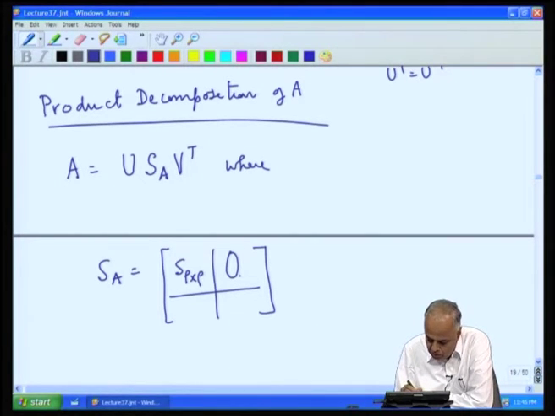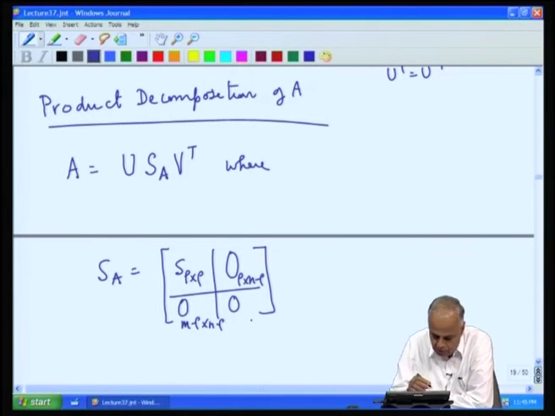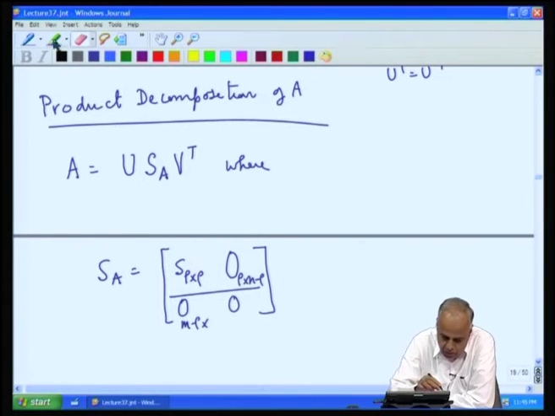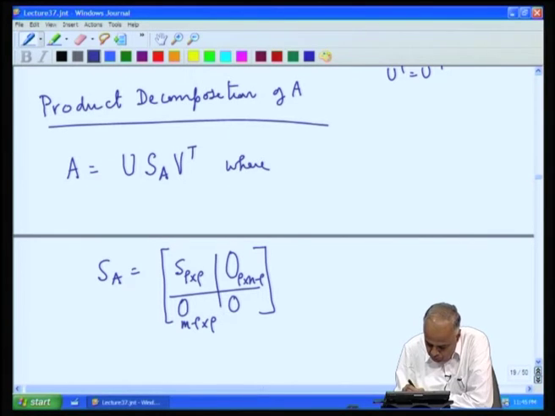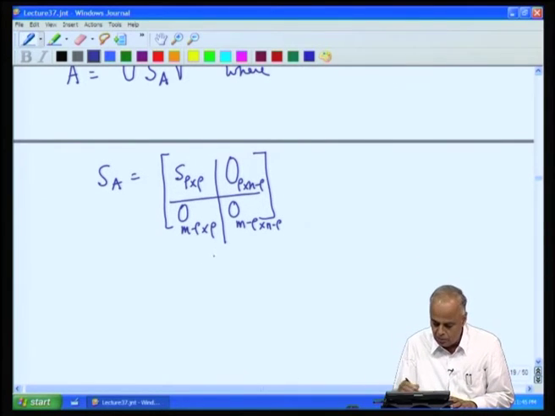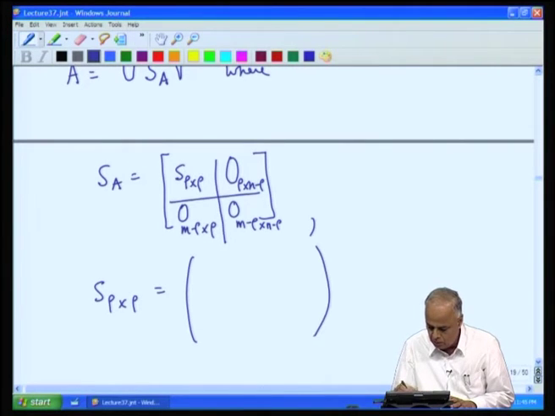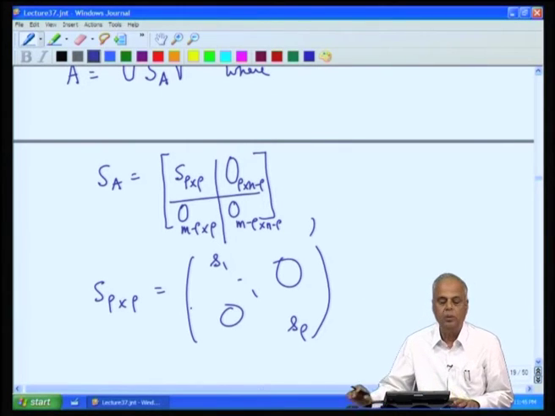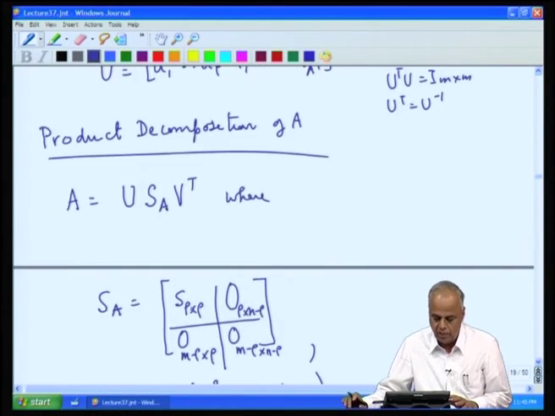The rest of them are 0: this is 0 of size m minus rho by rho, and this is 0 of size m minus rho by n minus rho. So, this was the diagonal block, and S_rho-rho was the diagonal matrix whose diagonal entries were s_1, s_2, ..., s_rho, the singular values of the matrix.